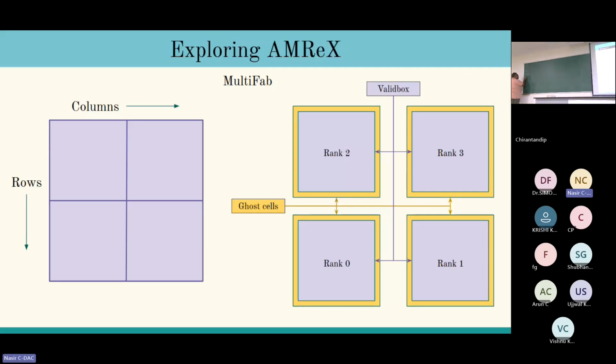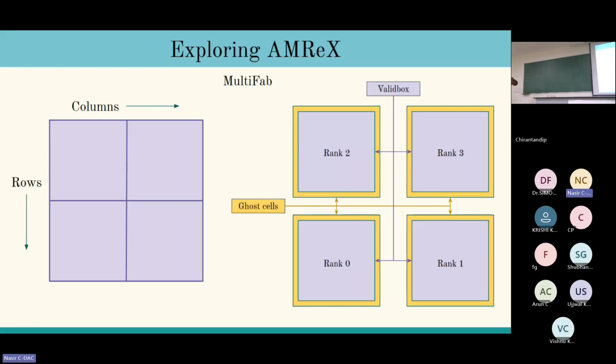Then he said geometry. Real box was there? Yes, capital B, real box. Right, how do we define a domain? You write this coordinate, you write this coordinate. It's done.